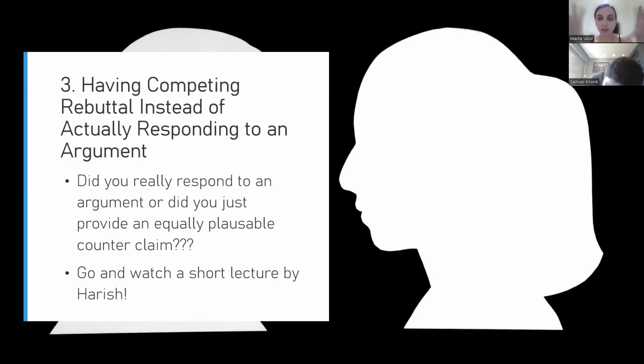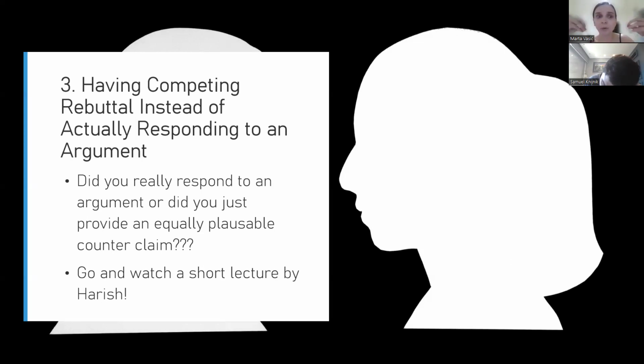Just imagine there are two ways to respond to an argument. The first way is to respond to the premise of the argument, to explain why the argument is flawed, like explaining that maybe the comparative is not there, or that the argument is not that impactful in the round, so you question the impact of it.